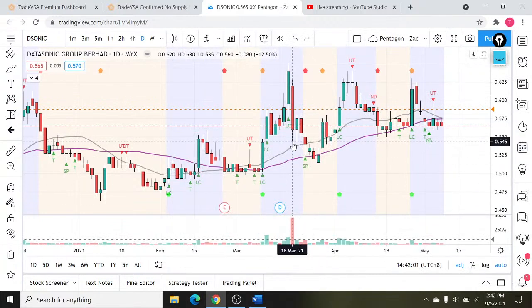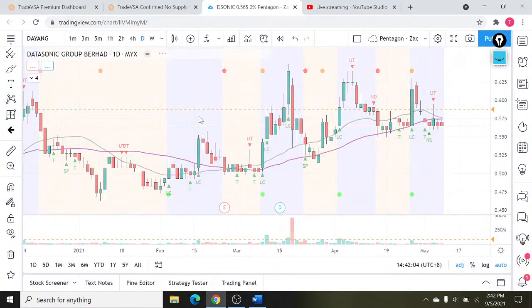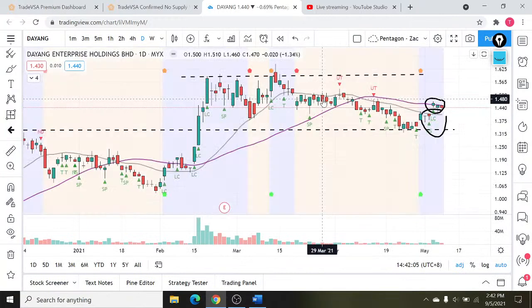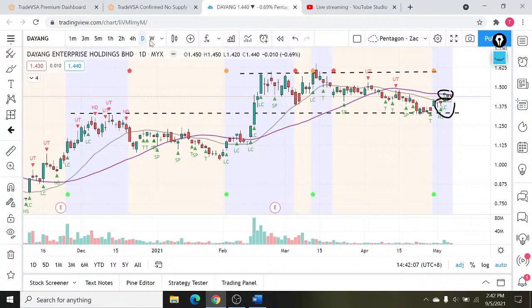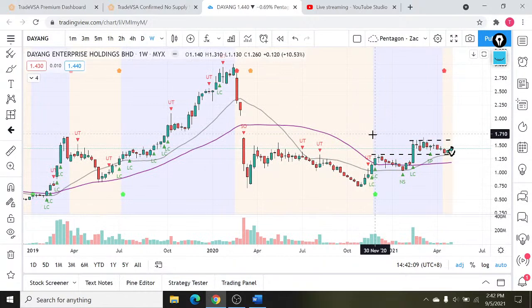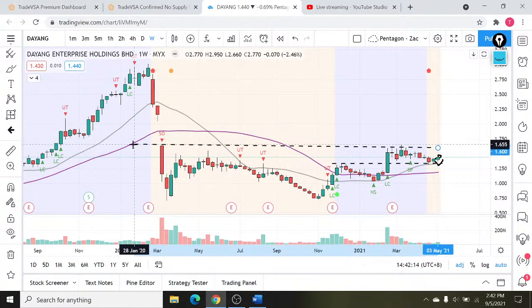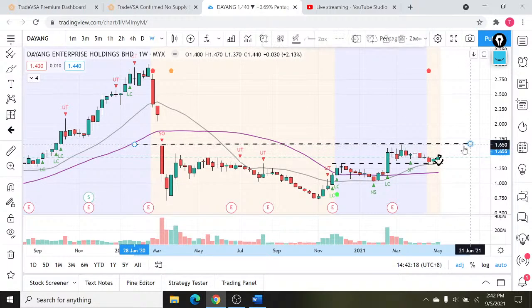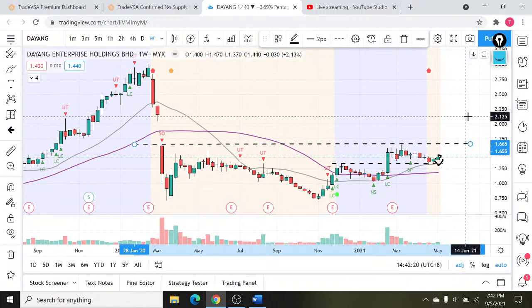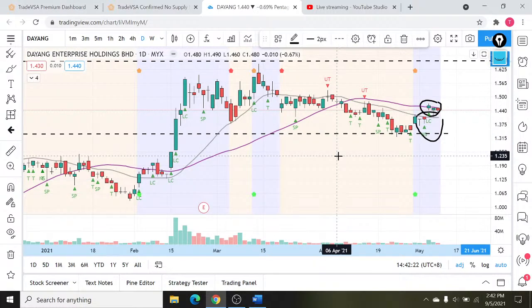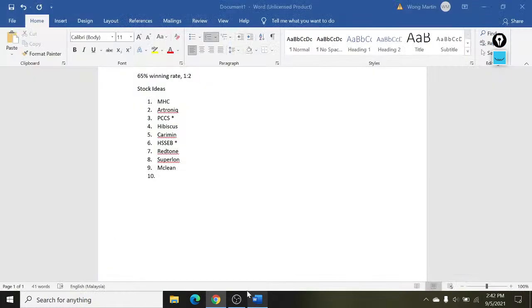Support is good, but just that there isn't much information. Slowly going back. Dayang okay also, building a strong accumulation. Resistance is there, so they need to cross. This is crossing the big resistance, but volume is coming back, slowly coming up again.